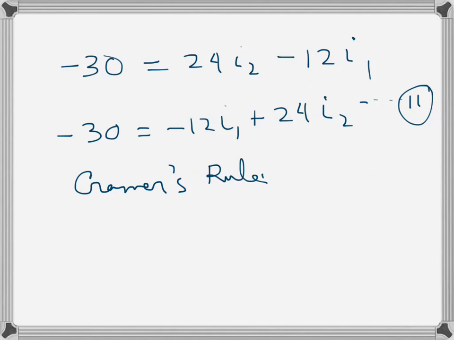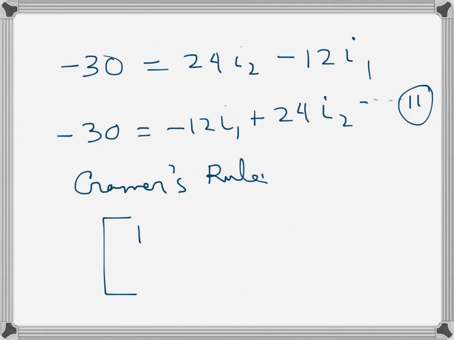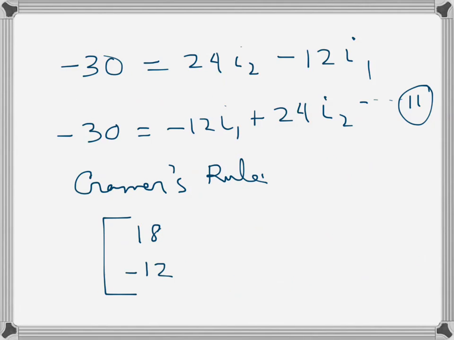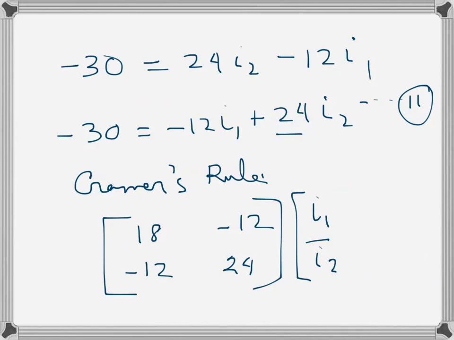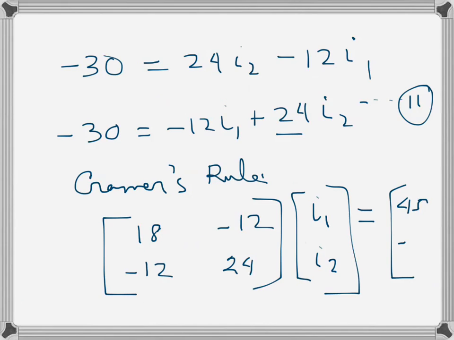The matrix has 18 and minus 12 in the first row, minus 12 and 24 in the second row, times I1 and I2, and on the right hand side I have 45 and minus 30. So this is the matrix form of the equation.